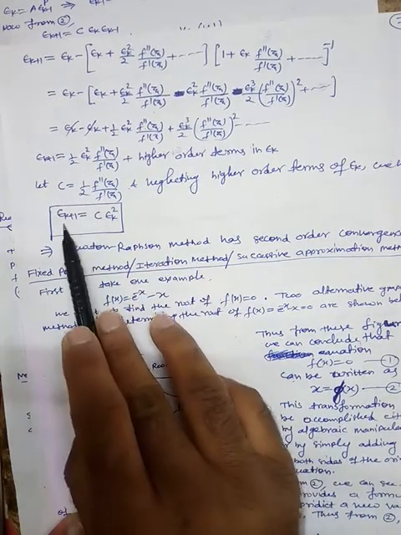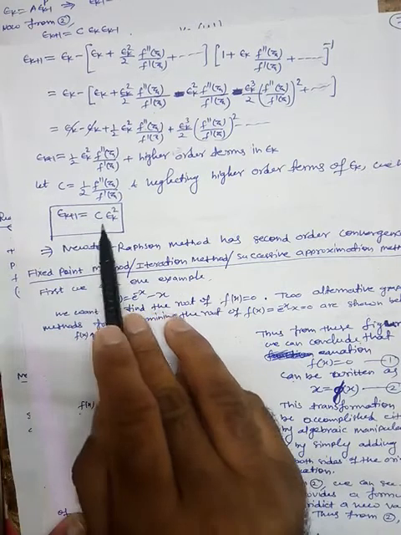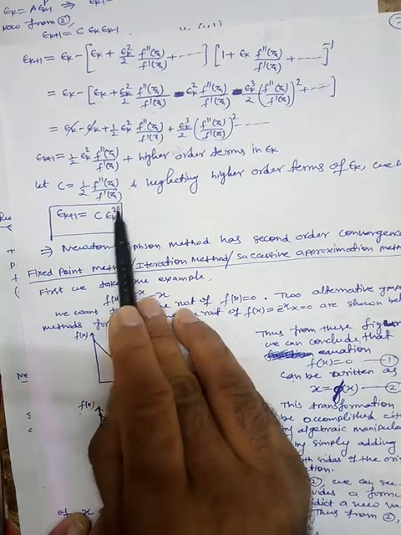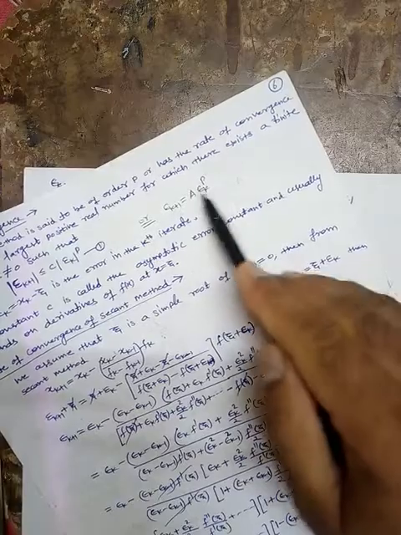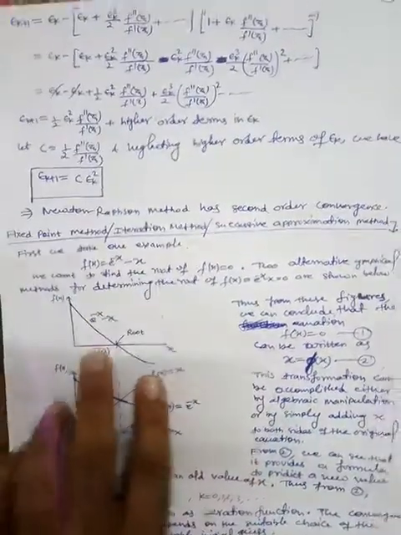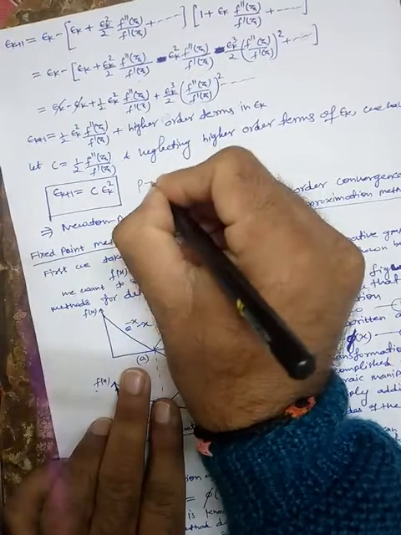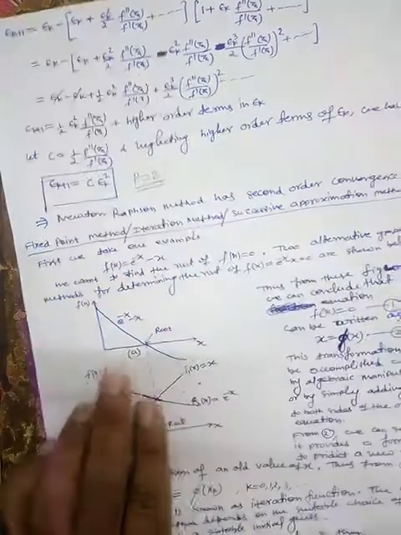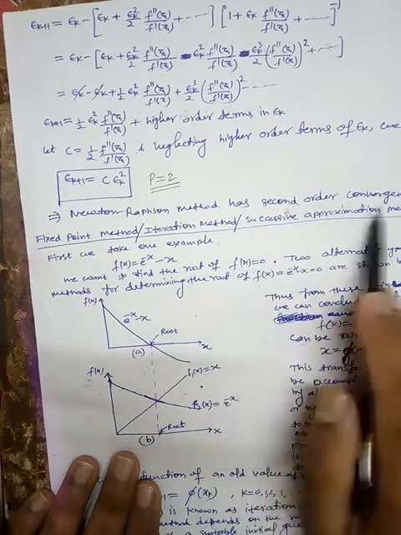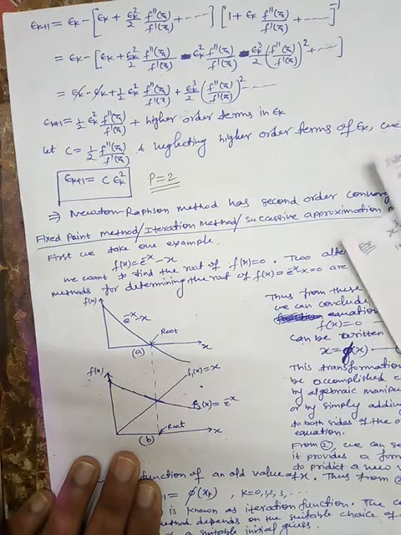So this equation is written as epsilon k plus 1 is c epsilon k whole square. So if you compare this equation with your original equation for the rate of convergence, what is p? In our case p is 2. So here p is 2, and that's why we can say that Newton-Raphson method has second order convergence, second rate of convergence.